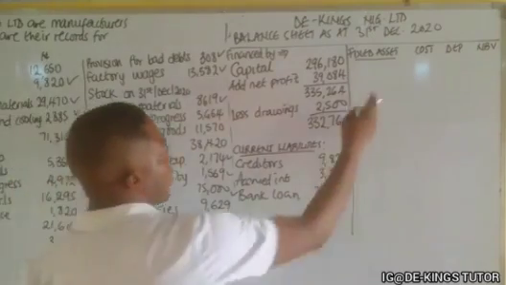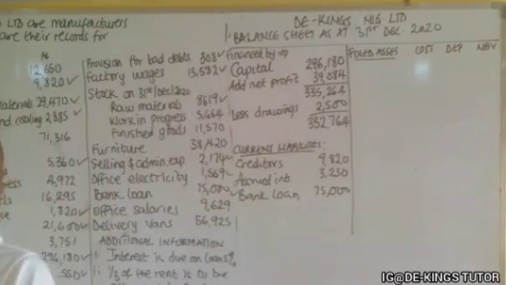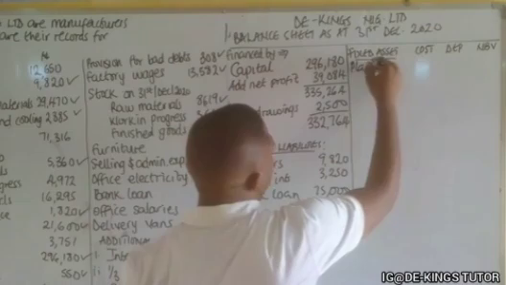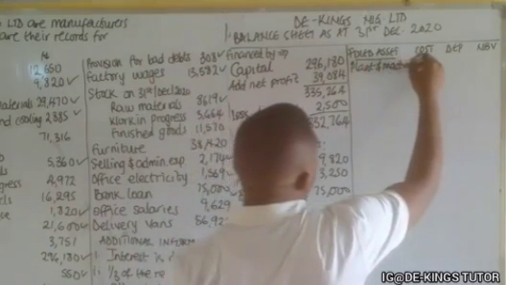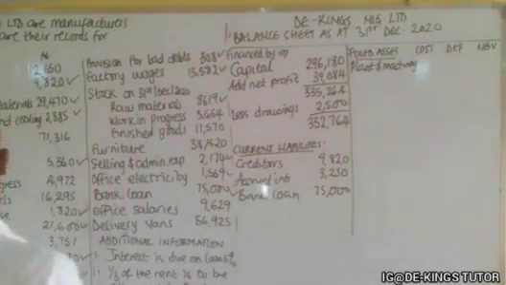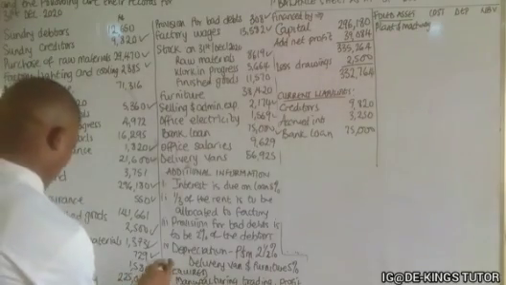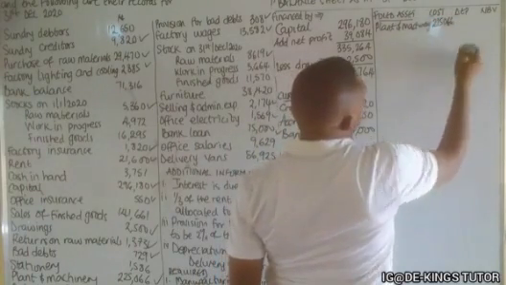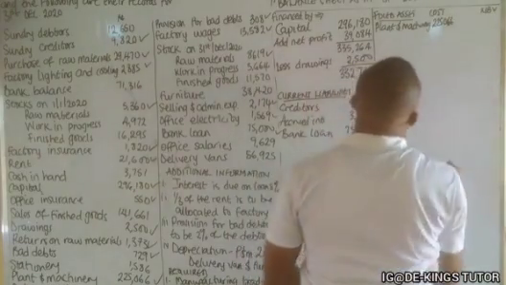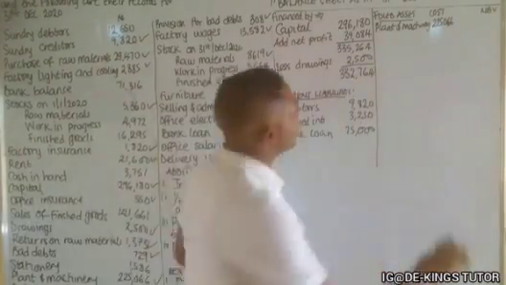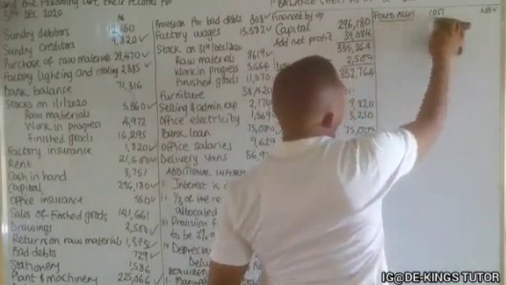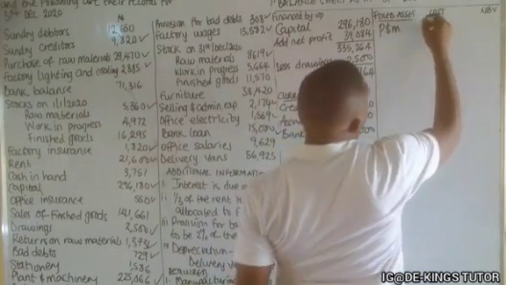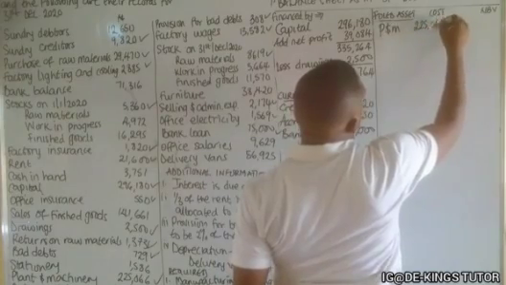So the next one, the right hand side, let's check our fixed asset. The first one is the plant and machinery. What's the cost? Plant and machinery cost 225,066. Okay. So if we just abbreviate it, because of space, plant and machinery, 225,066.